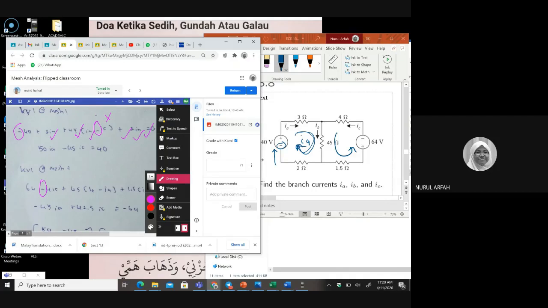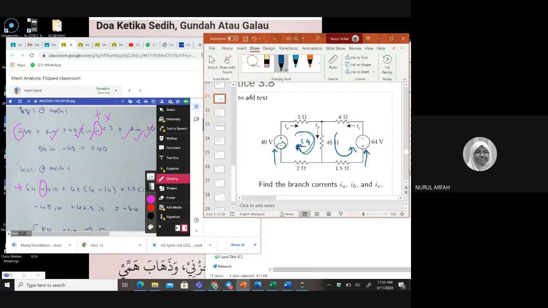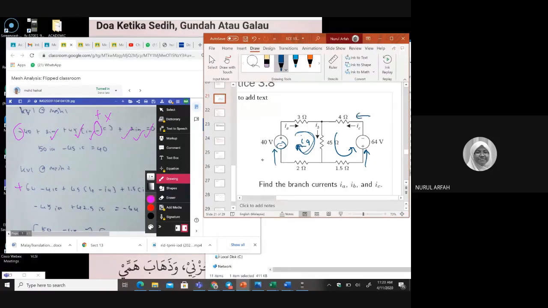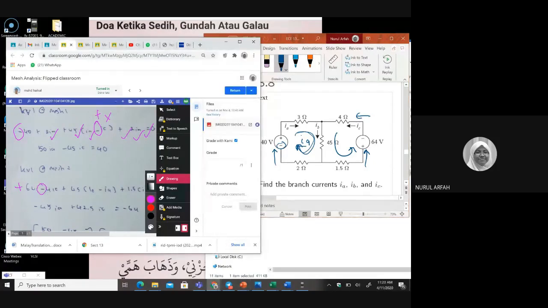Okay, this one's supposed to be plus because I'm looking at your 60 here. This is plus, then meaning to say your current is entering 64 here. So this is 60, and then oh, kejap. Tapi this one into here. So yang ni pun salah.